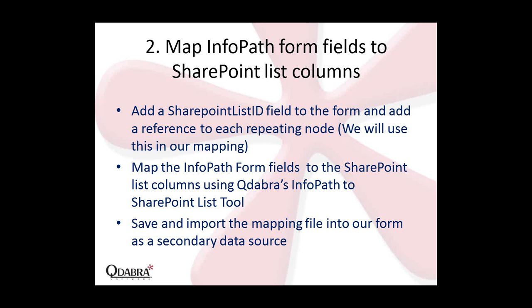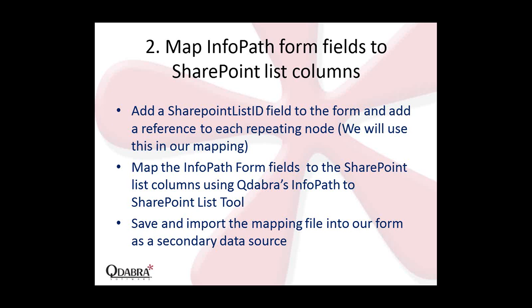Next, we'll use the InfoPath SharePoint list tool to map our form fields to our list columns. And then we'll save our mapping as an XML file, and then we will use that XML file as a secondary data source in our template.